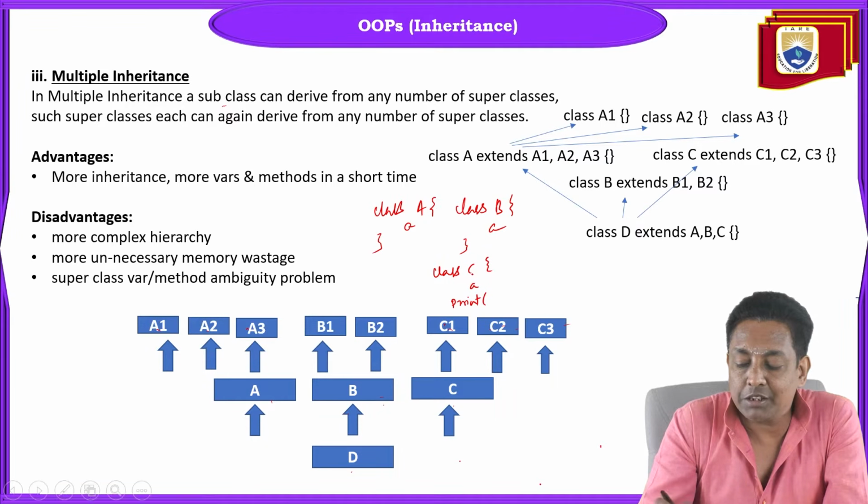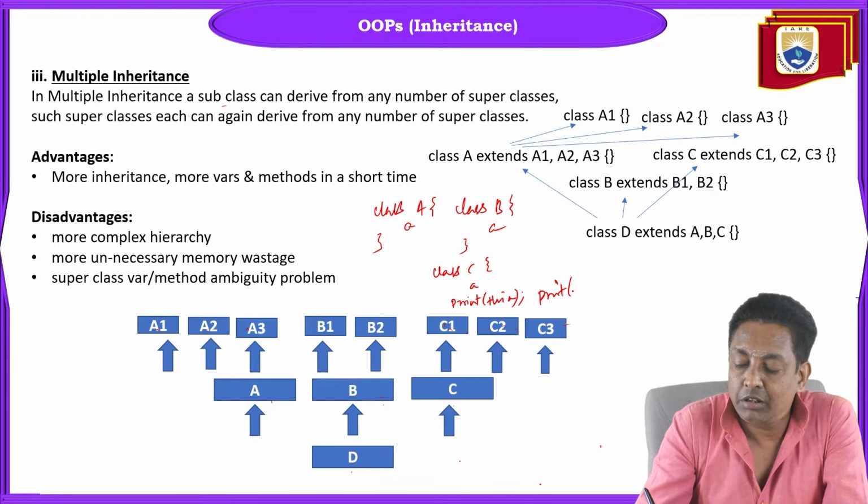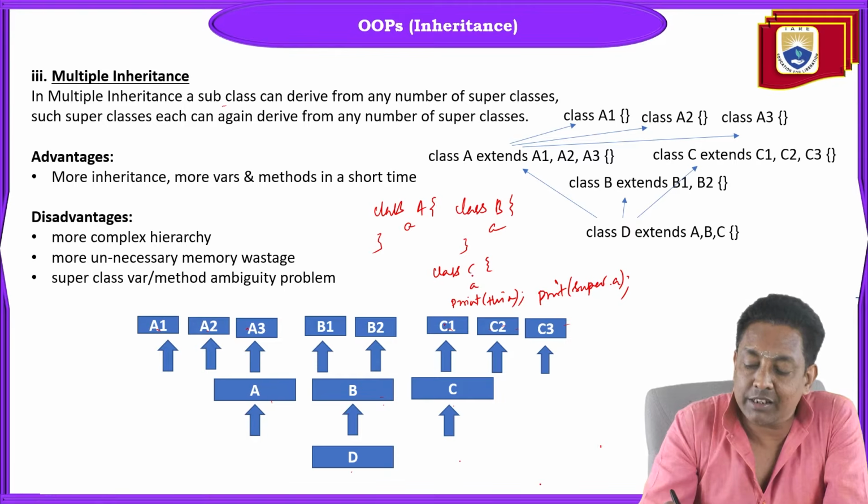I want to call my superclass variable a. How should I call it? Suppose from C, I want to call the superclass variable. For it, print super.a.